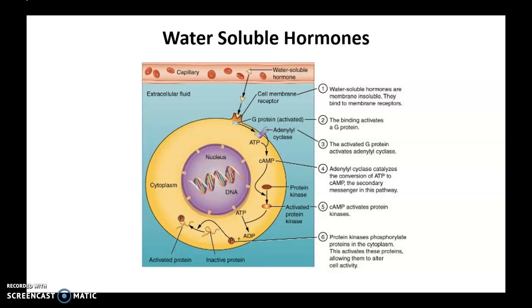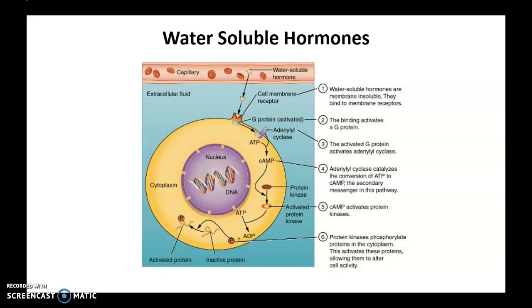So the key point here, water-soluble hormones, they do not enter the cell. They bind to G protein receptors, and they activate the G proteins, which in turn activates adenylyl cyclase.